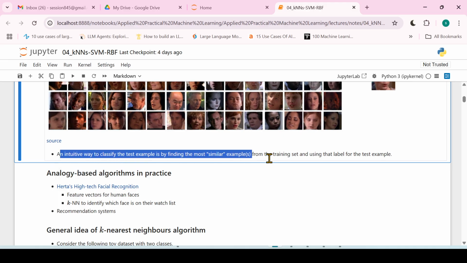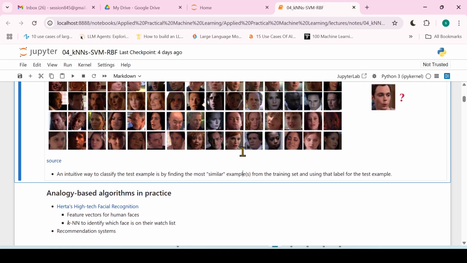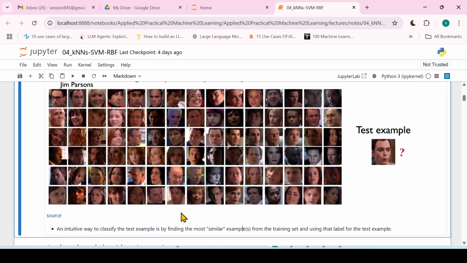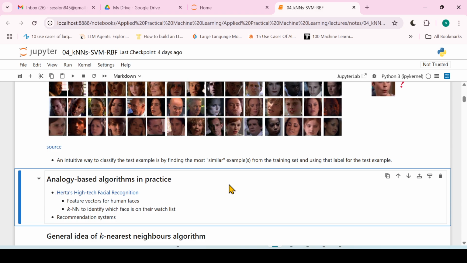The intuitive way to classify the test example is by finding the most similar example from the training set, and then we give that test example the training example's label. Again, we can use this analogy-based algorithm in many situations. For example, it is used in very high-tech facial recognition systems.